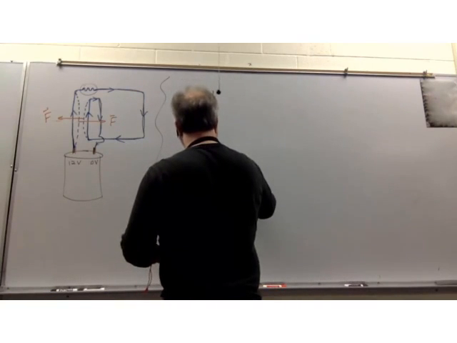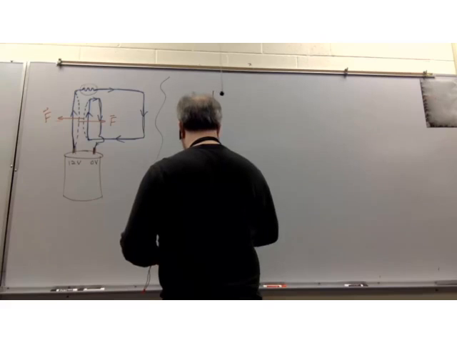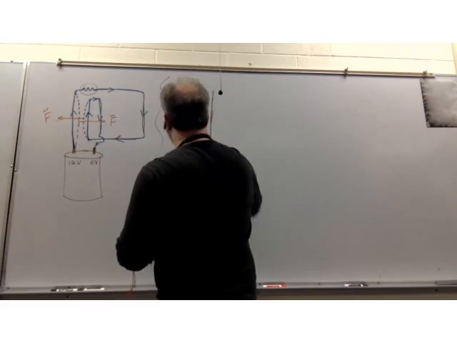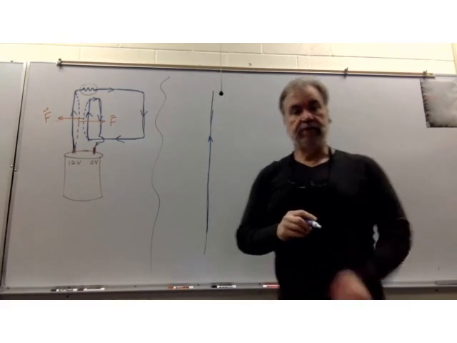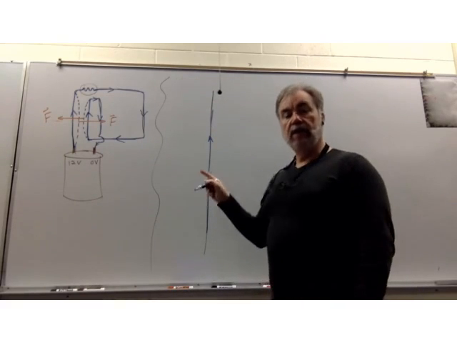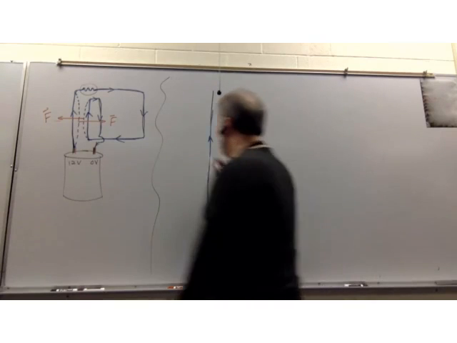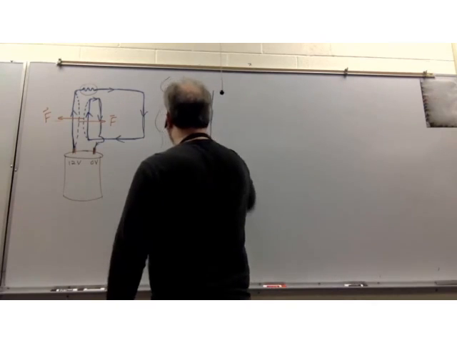And so one experiment was done that arranged to have a current flowing through this wire. And I'm getting ahead of myself here, but I need to write something. So the symbol for an electric current is the letter I.